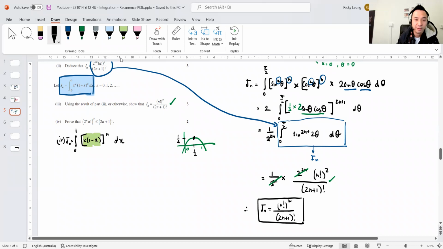So the parabola, this green expression here, has to be smaller than, so x times 1 minus x is less than or equal to a quarter. That's a maximum value you can take. So what they've done is basically said, this function here has to be less than or equal to 0 to 1, and they replace this parabola expression with 1 on 4 to the power of n dx.